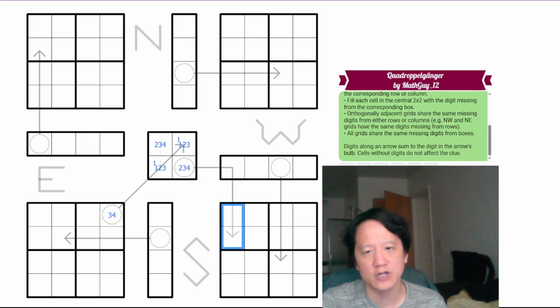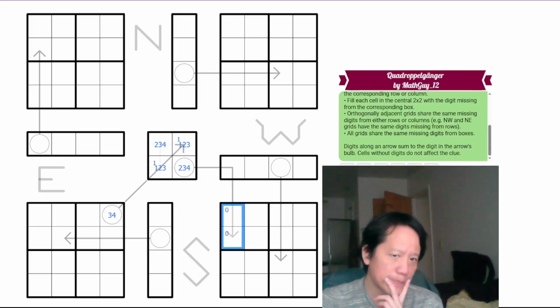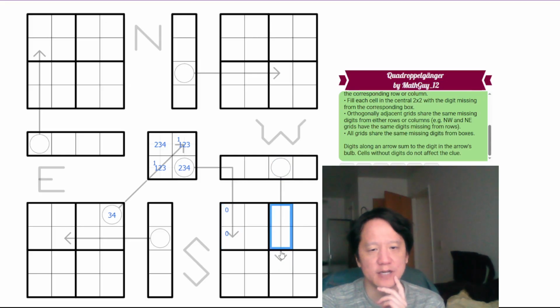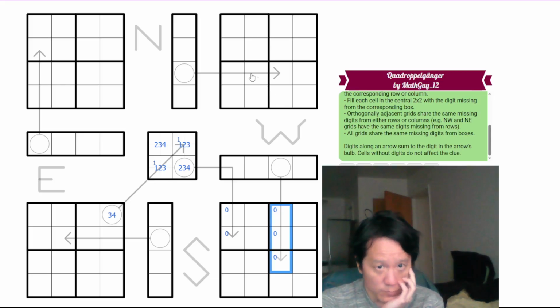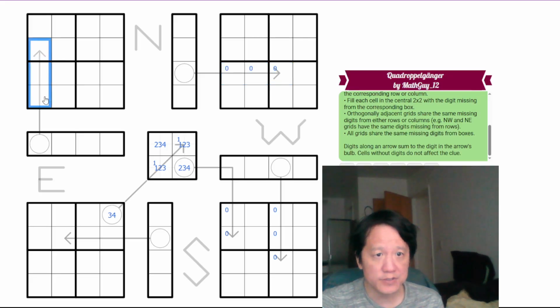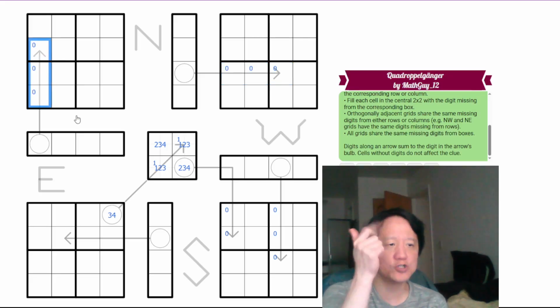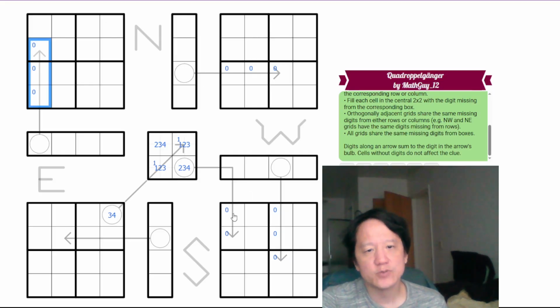So therefore, we are guaranteed a 0 here. And yeah, that's for any combination. Therefore, this has to be 0 here. This is 0 here. This is 0 here. Because 1, 2, and 3 at minimum adds up to 6, right? So we have 0 here. One of these. So for every one of these, this is 0.